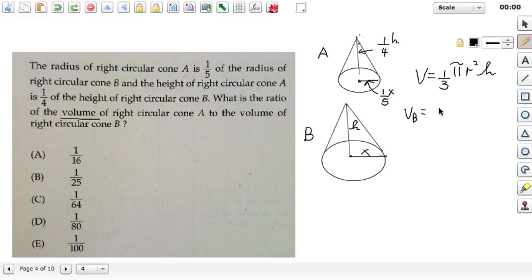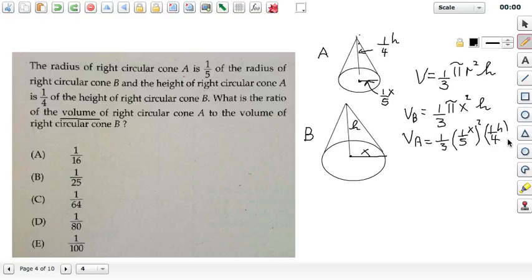So the volume of B will be 1/3 pi x squared h, and the volume of A would be 1/3 pi (1/5 x) squared (1/4 h).